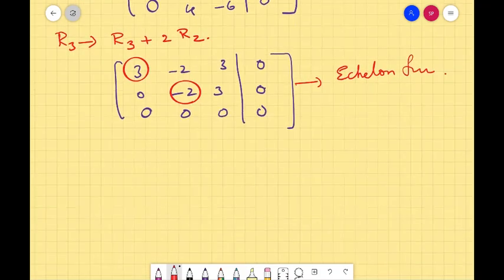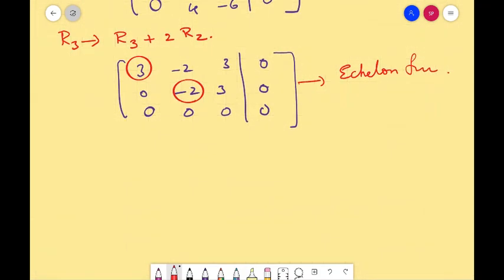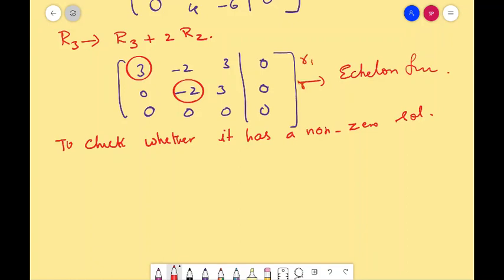Now, this will always have a solution because it is a homogeneous system. Now we have to check whether it has a non-zero solution. That is what you need for the eigen. So for this, what do we write? R1 implies I have 3x1 minus 2x2 plus 3x3 is equal to 0.